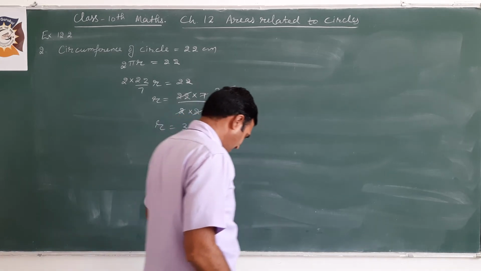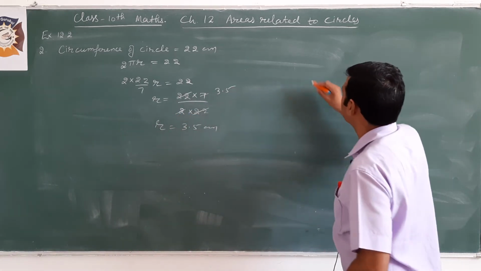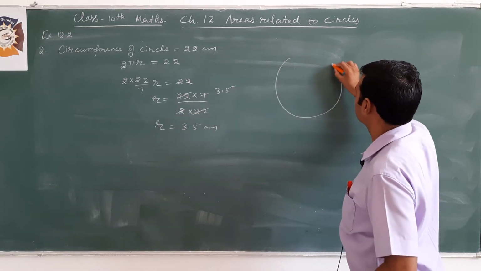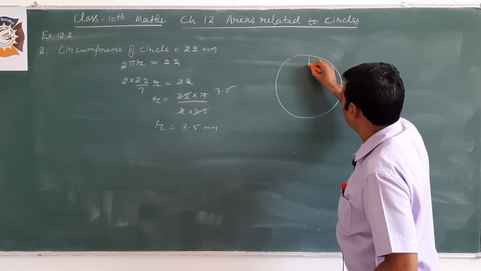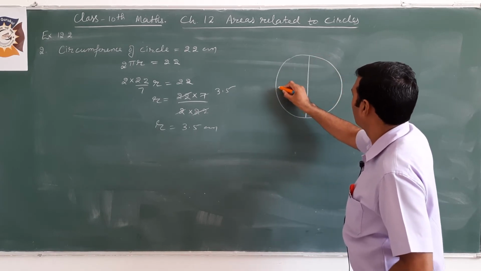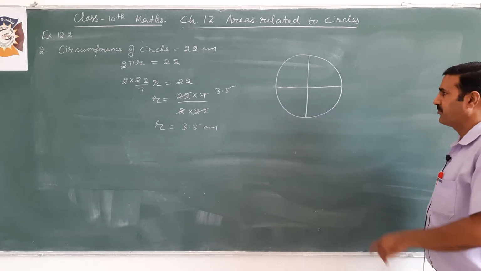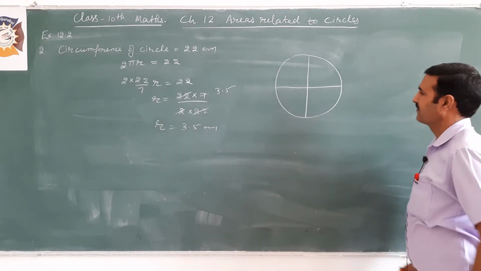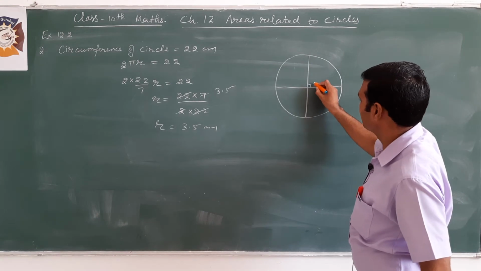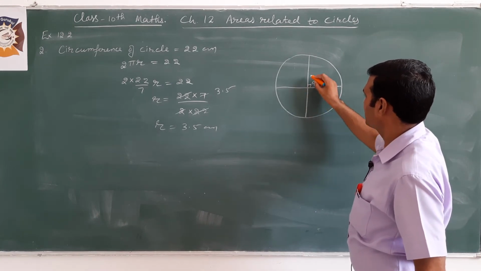Now what is the quadrant? If we draw two diameters of the circle perpendicularly, and this angle is 90, then this is the quadrant.